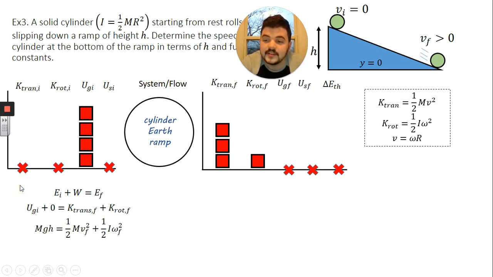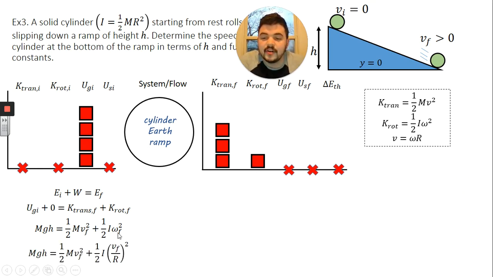Substitute in some formulas. mgh for your initial gravitational potential energy equals 1/2 mv squared for your translational kinetic energy plus 1/2 I omega squared for your rotational kinetic energy. So far, not that much more difficult than the previous example with the box. It's just adding in another term because it's rotating. Now the tricky algebra comes in, so bear with me.